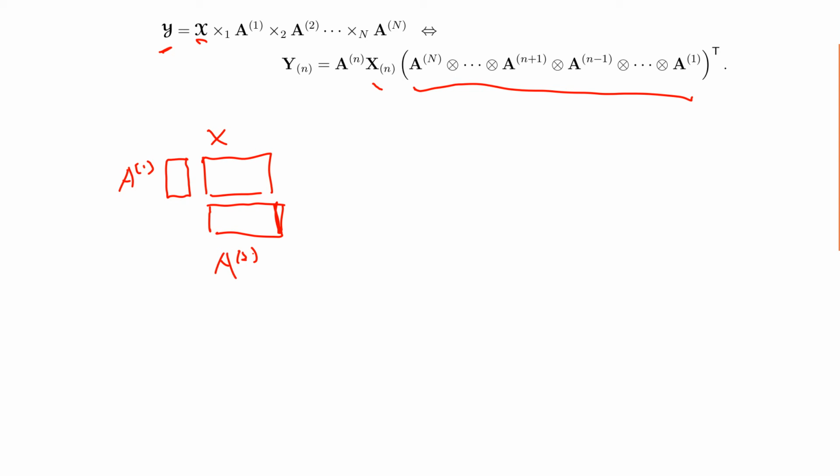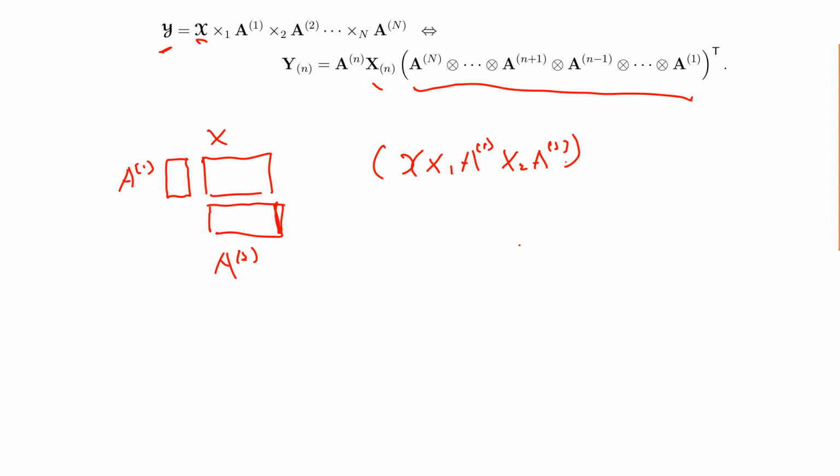Then basically I should get a Y. What should I get for Y? In this case, maybe I should write it out. So what's the result for that? I have X, A1, X2, A2.